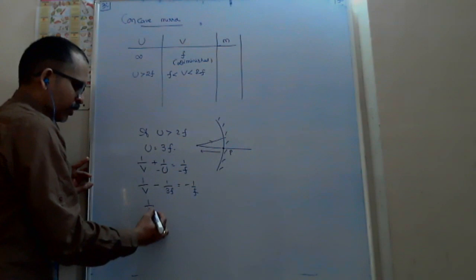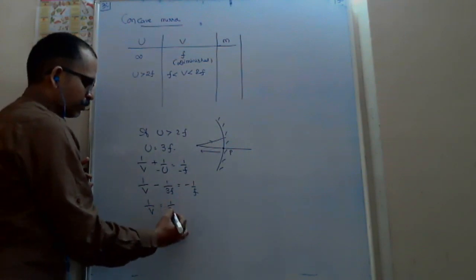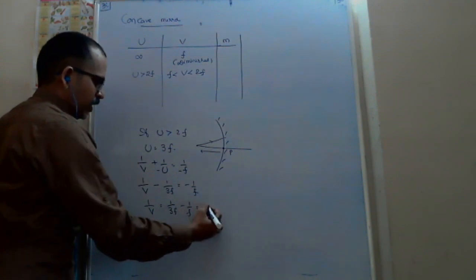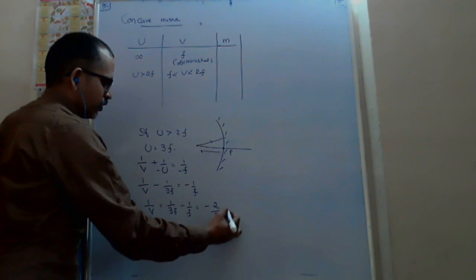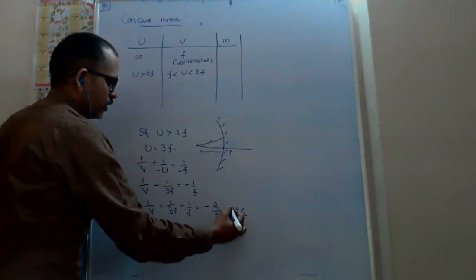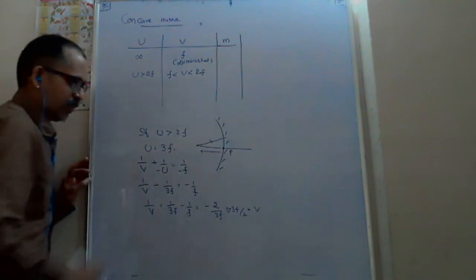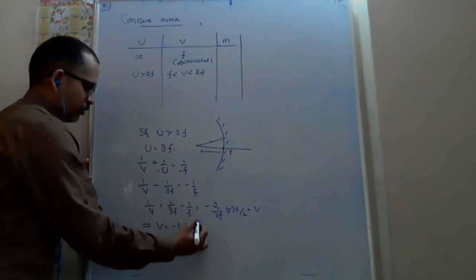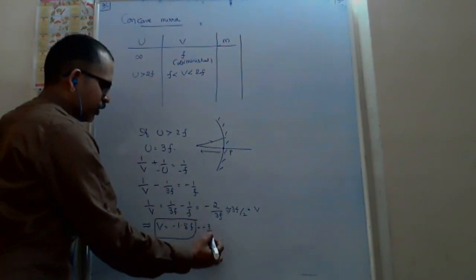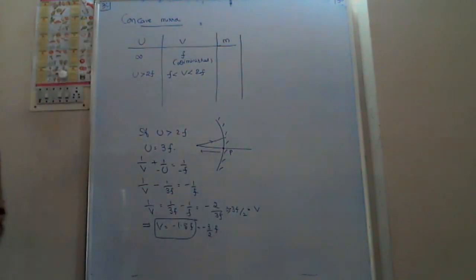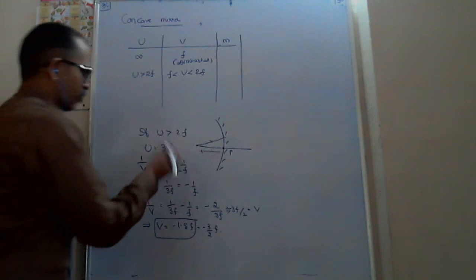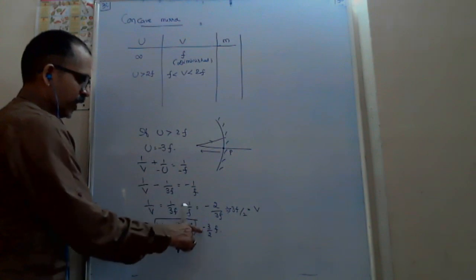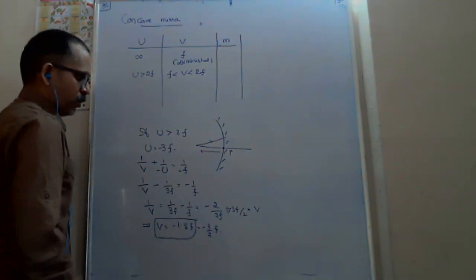So 1/v equals 1/(3f) minus 1/f. That gives minus 2/(3f), so v equals minus 3f/2, that is minus 1.5f. So with sign conventions, if the object distance is minus 3f, v is also negative, minus 3/2 f.